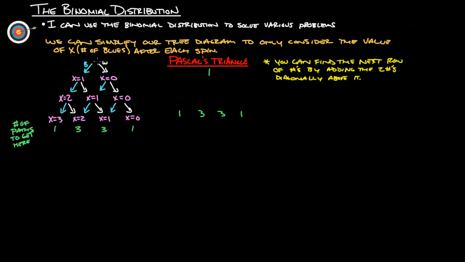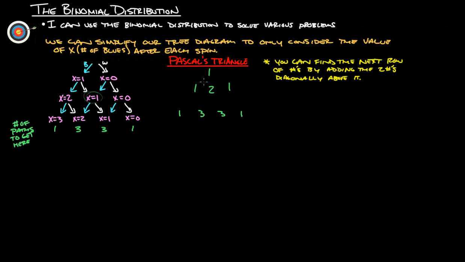That's the only way, there's only one option when we get to the beginning here. Now to get this first blue, there's one way to get that. And then to get the first white, there's only one way to get that. And then this one right in here, we could either go blue, white, or white, blue. So there's actually 2 ways to get to that, right? And then underneath this, that's where we got our 1331.